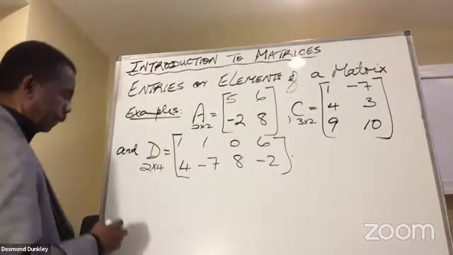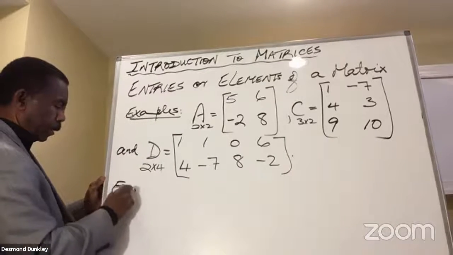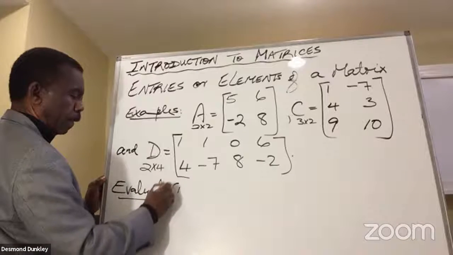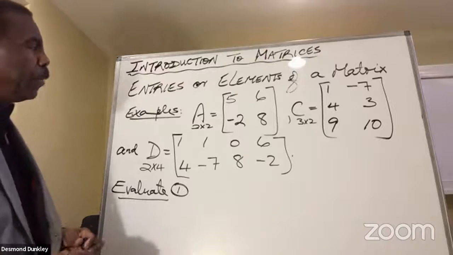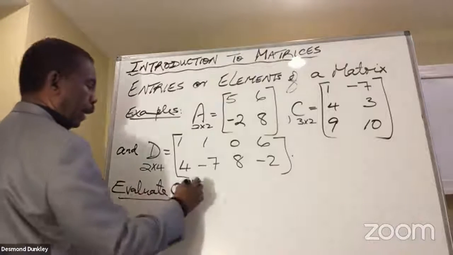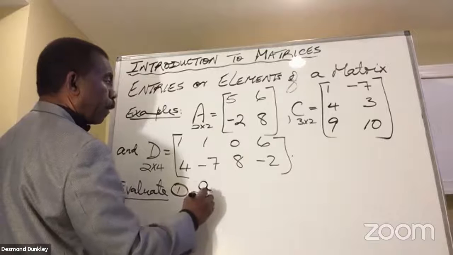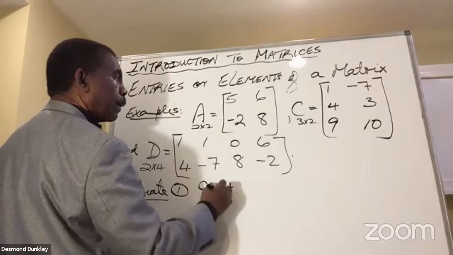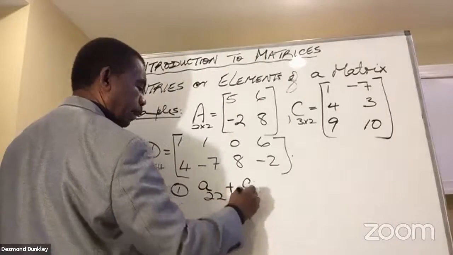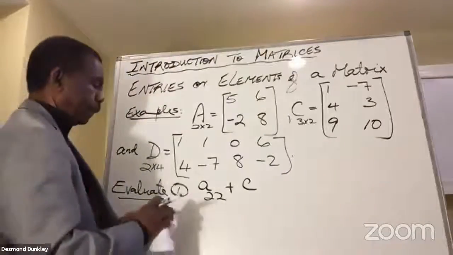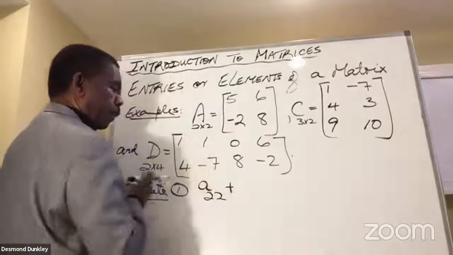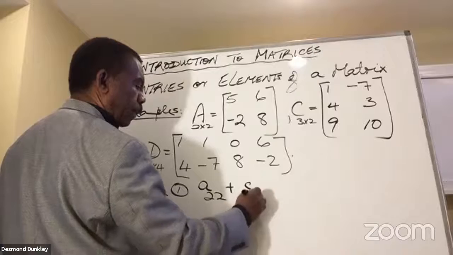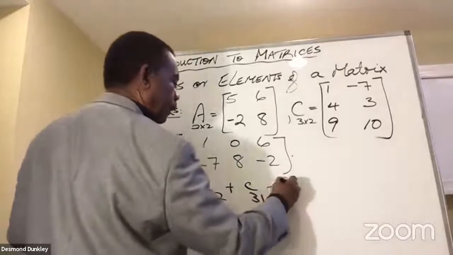So if I say to you, evaluate a22 plus c31 minus d24.